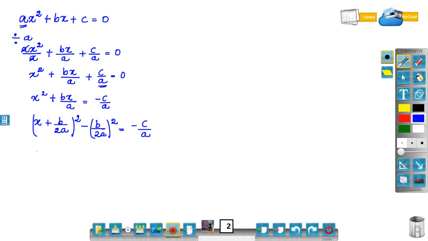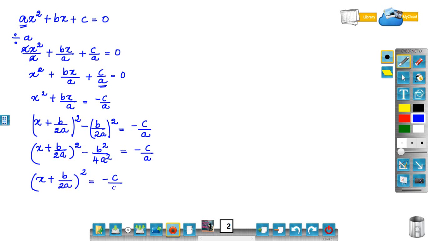Now, x plus b by 2a whole square minus b square by 4a square is equal to minus c by a.